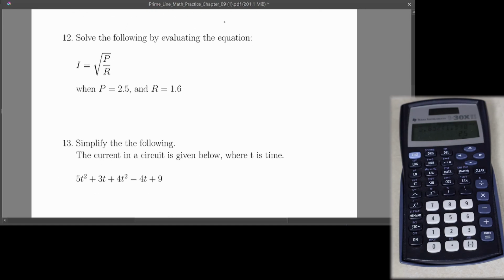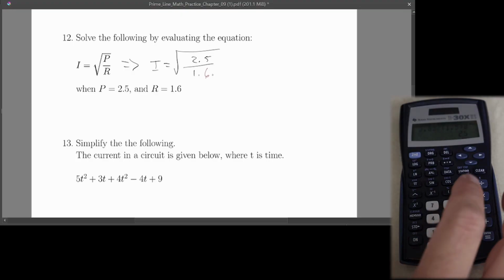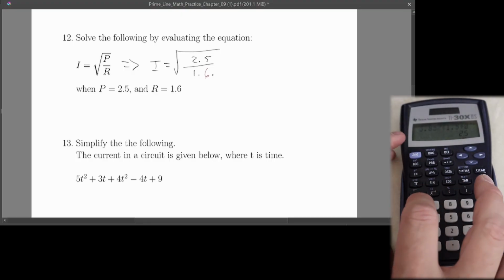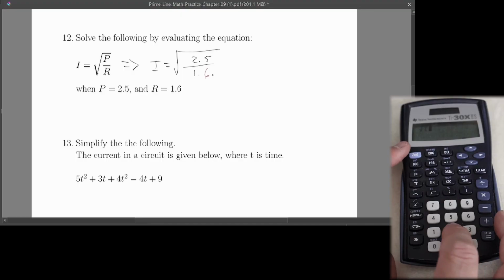Okay, in this problem we want to evaluate it. We're going to say that I equals the square root of p, which is 2.5 over 1.6. We can simplify that. So if I do second square root, I'm going to do 2.5 over 1.6.